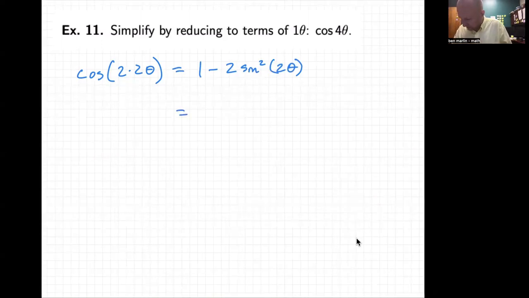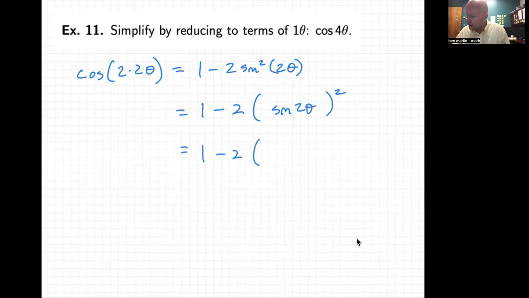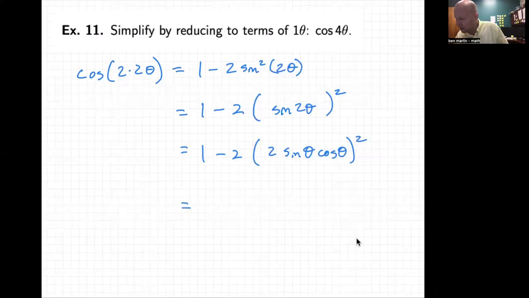And now I have 1 minus 2 times the quantity. And I know that sine 2 theta has a formula for it, and that is 2 sine theta cosine theta. And so now I'll square those.